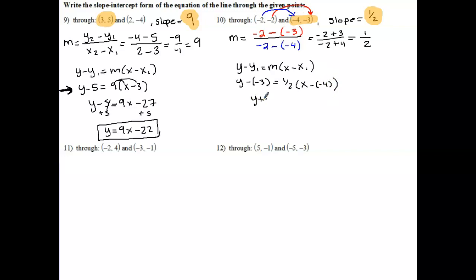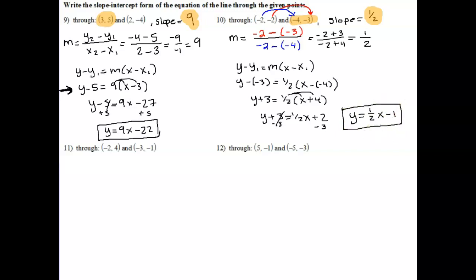So y plus 3 equals 1/2 times x plus 4. Distribute. Y plus 3 equals 1/2 x, and then 1/2 times positive 4 is 2. Subtract your 3 from both sides to get y alone. Y equals 1/2 x minus 1. And this is the equation of the line that passes through those 2 points.